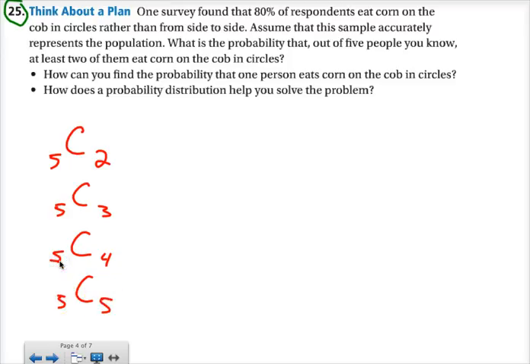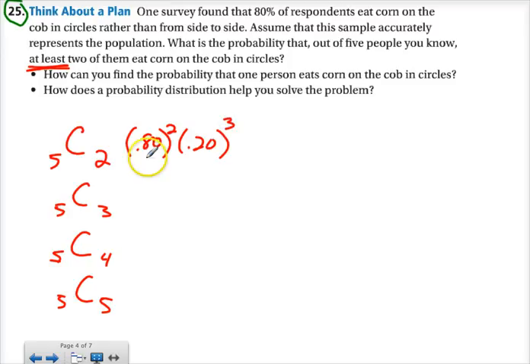And that's because of these 2 little words that we really learn to hate in probability. At least. That means you have to do more than one. And then you go through and you say, all right, 80%, 2 people are going to do that, so 20% of the people are not, and I need a total of 5. So that'll give me what I have.